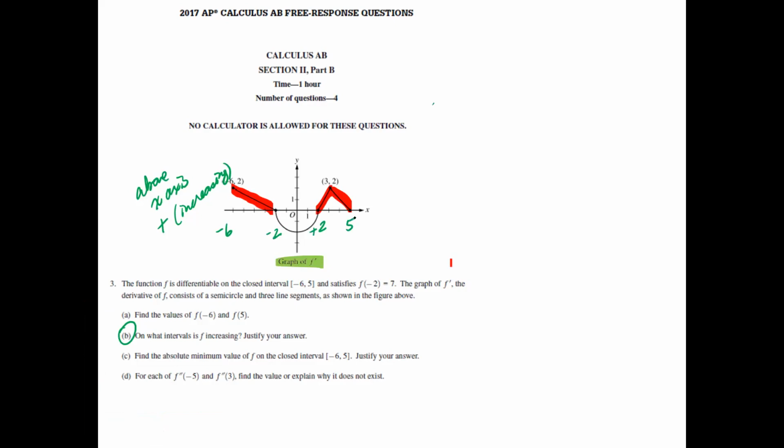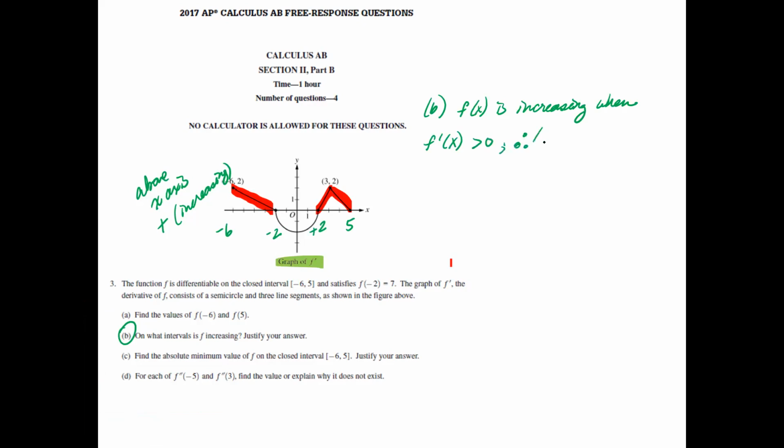So then you can say something to the effect that f of x is increasing when f prime of x is greater than 0.